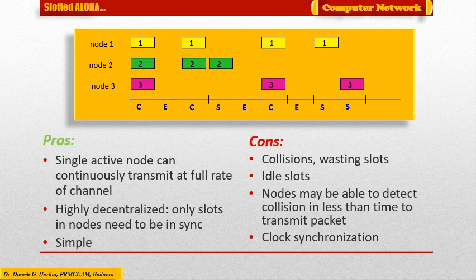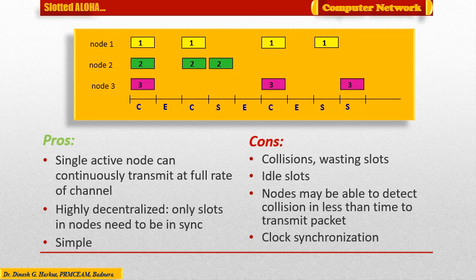First, as shown in the figure, when there are multiple active nodes, a certain fraction of the slots will have collisions and will therefore result in waste.